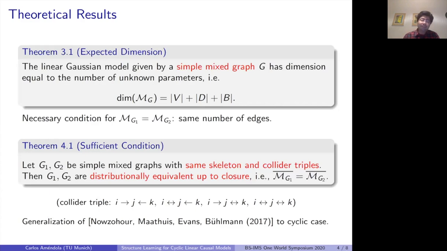I also want to mention that while our result involves equality up to closure, currently we do not know any examples where the models are not exactly equal. I will not get into any technical details, but I will just say that allowing for cycles introduces subtle difficulties for both theorems, and our proof techniques have a certain algebraic flavor.